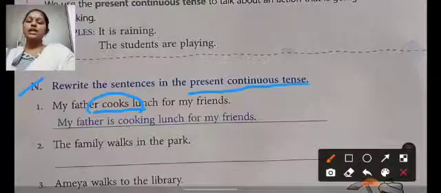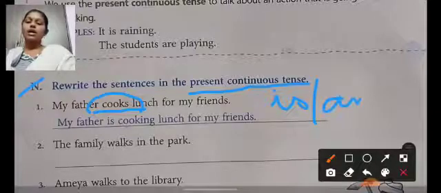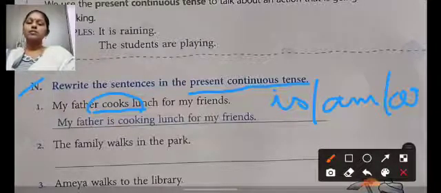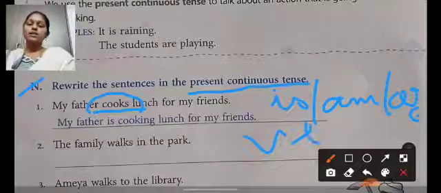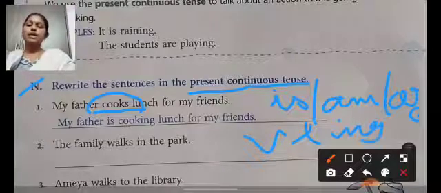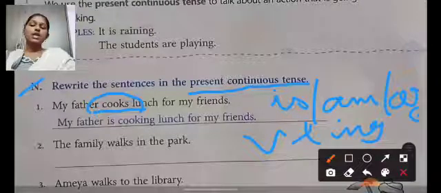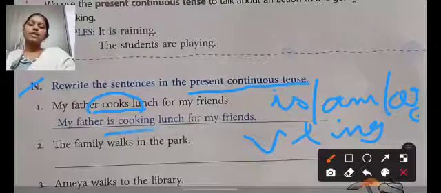Present continuous means we add is, am or are, plus verb plus ing form. So: my father is cooking lunch for my friends. Cooks became is cooking in present continuous tense.